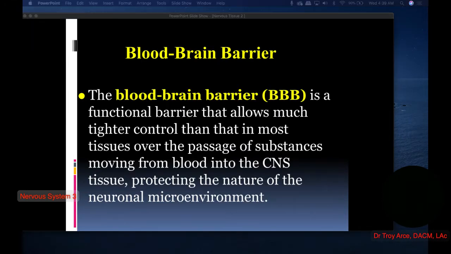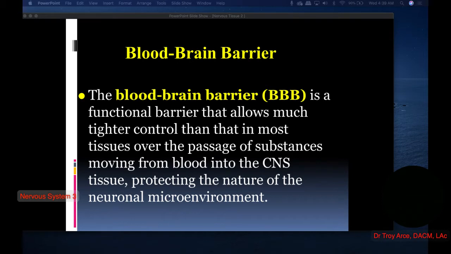And with all these coverings, with the dura mater, the hard surface, and all the way down to the pia mater, we have to start talking about barriers, right? What can actually communicate and what is allowed in.